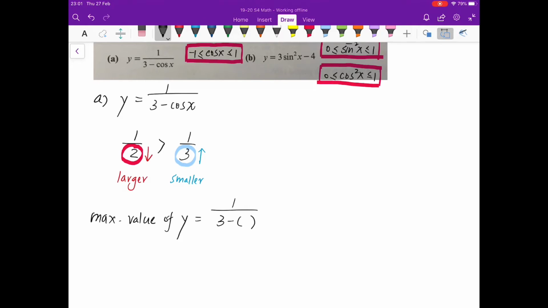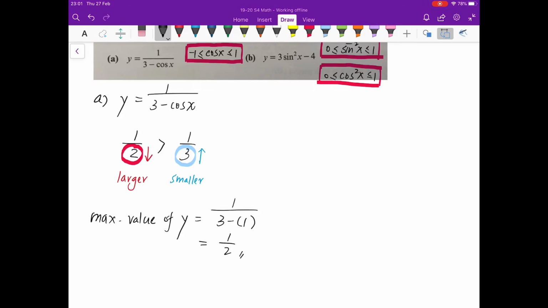Okay, so therefore, when we take a look at the maximum value of y, in order to find the maximum value of y, that means we want to put a number in the brackets so that the denominator will become smaller. So we will put 1. And the result will become 1 over 2.